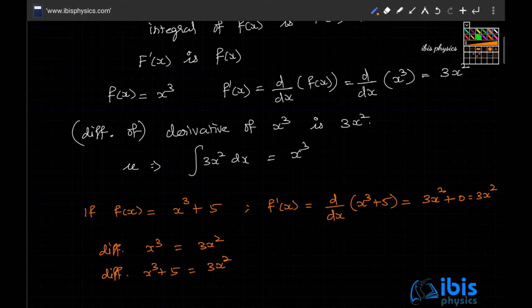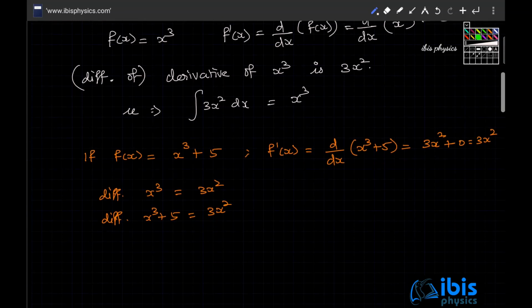That is why in general, when we define integration, the integral of f of x dx is always equal to F of x plus c. A constant has to be introduced. This constant will be determined based on the conditions given in the integration. Usually the conditions given are the lower limit and upper limit, the initial conditions, all those things will be given. Using that we can determine it. In general, this is the case.